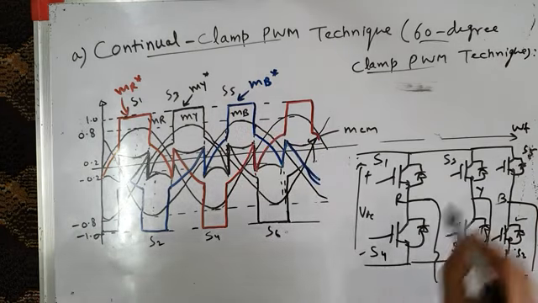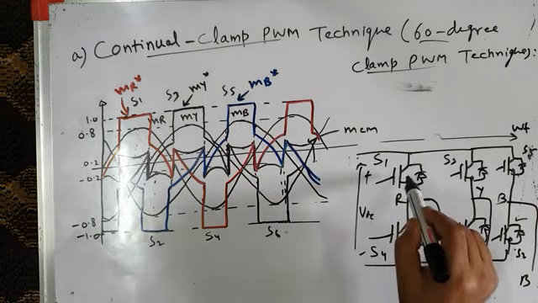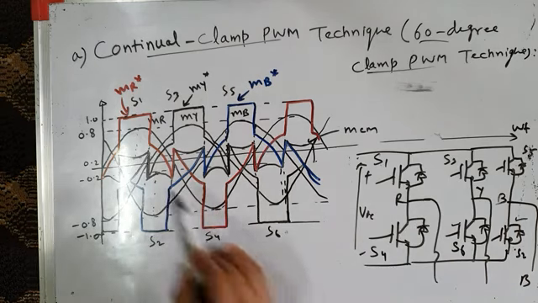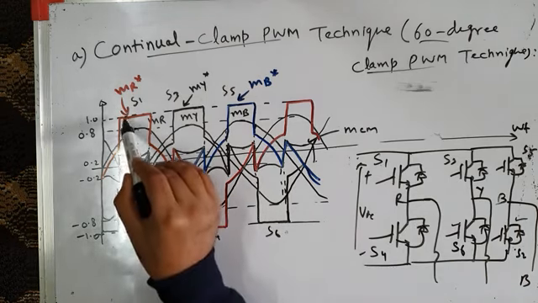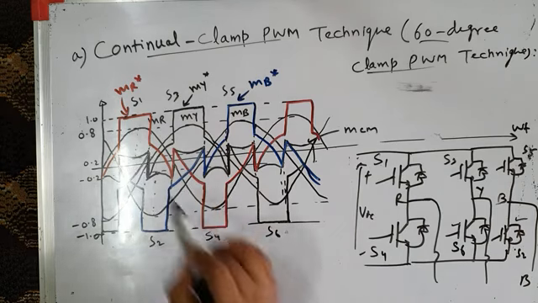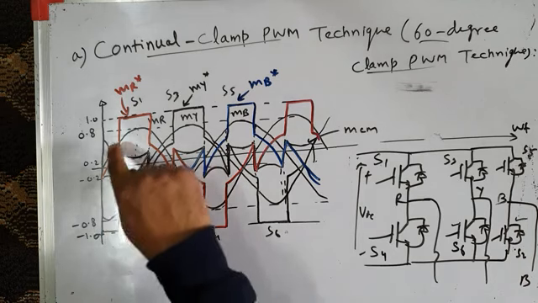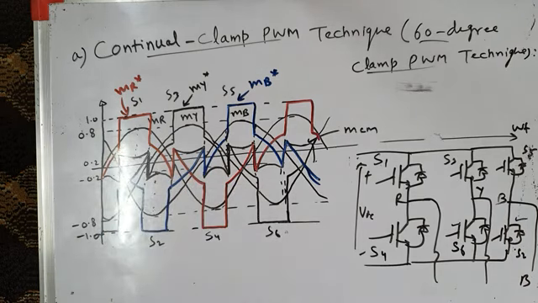So each switch is on for a 60-degree interval. That results in equal loading of all the devices. And since each phase leg is clamped to either positive DC bus or negative DC bus for 120 degrees, it reduces the switching power losses by 1/3. Switching power losses become 1/3 of what they would be if this bus clamping was not done.